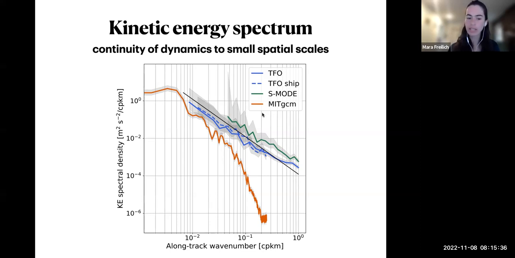And so when I plot the kinetic energy spectrum of this, which is actually a 2 kilometer regional run of MITgcm that I showed on the title slide, we see a fall off at these scales just because the effective grid resolution of a 2 kilometer model is much larger than that. And so these dynamics that we're able to study from the DOT-Viz instrument are at much smaller spatial scales than are currently available from both state-of-the-art global models and other observational tools.